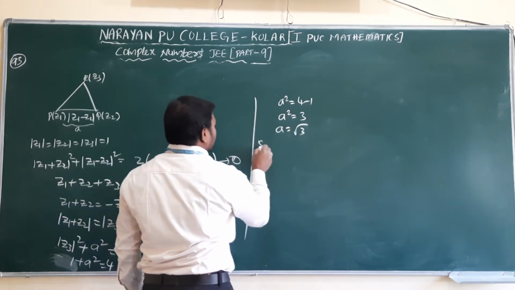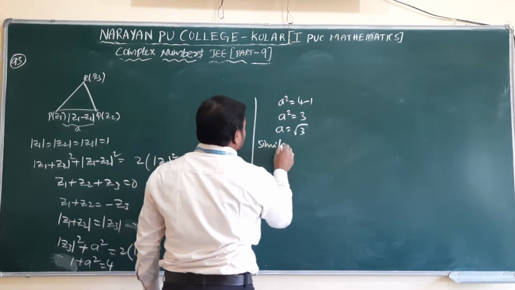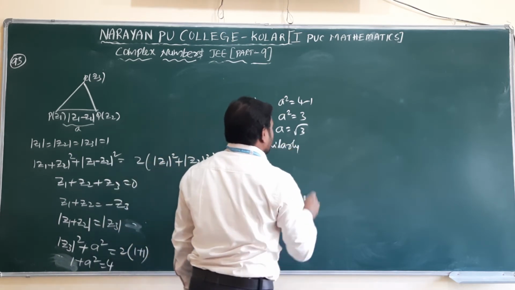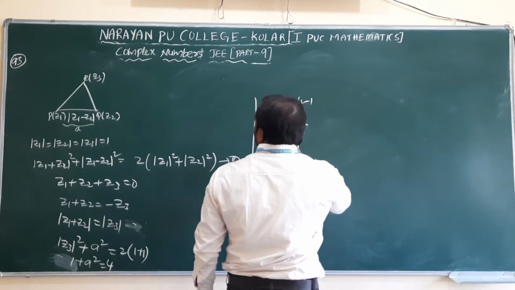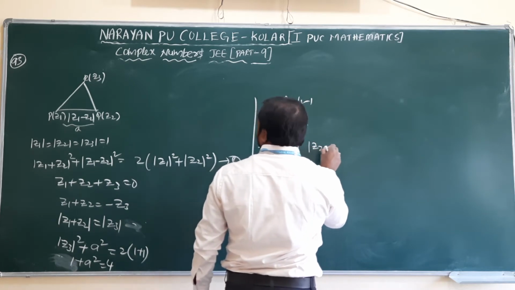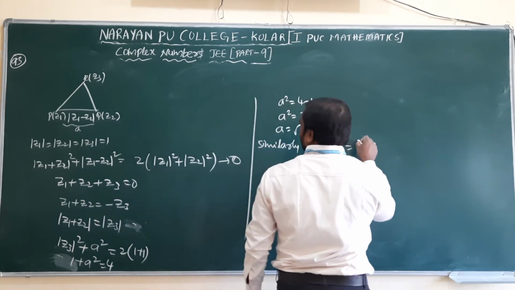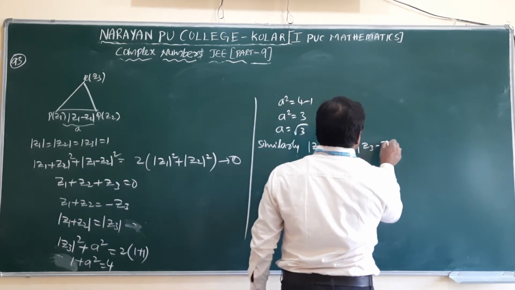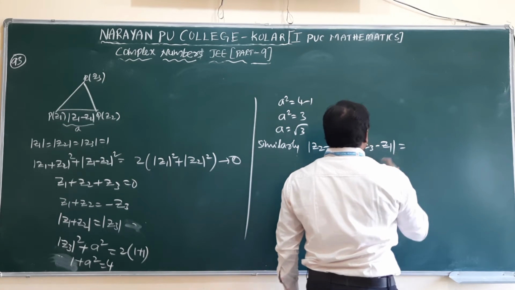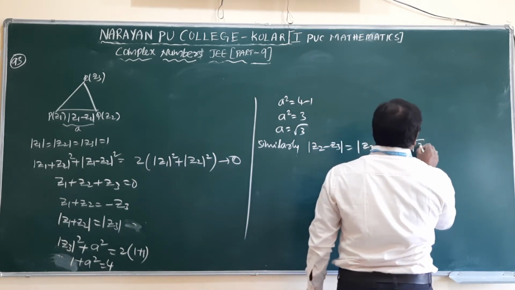Similarly, to find mod of z2 minus z3 is equal to mod of z3 minus z1, also we are getting root 3.